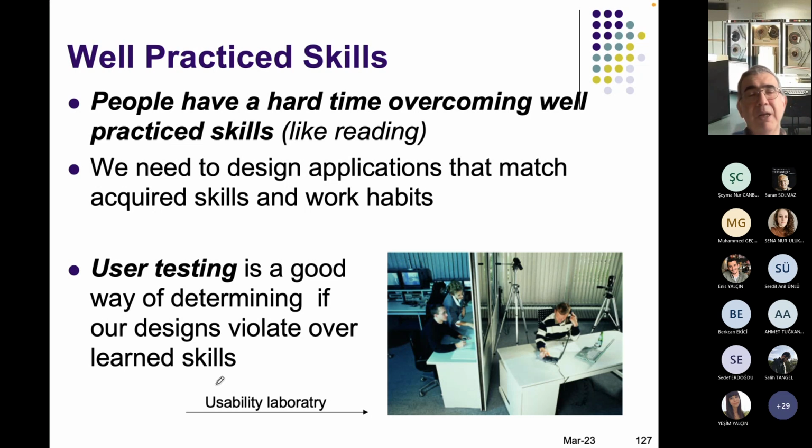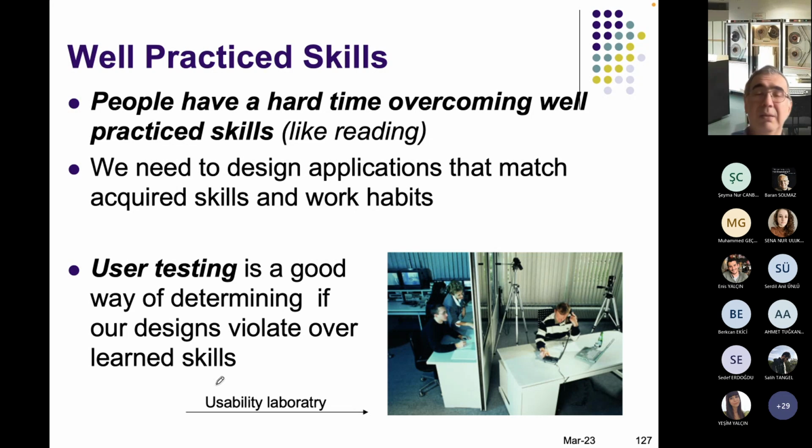How do we understand it? How do we detect what skills are available? What are the good designs and bad designs? And the answer is in user testing. So user testing is a way of determining whether our designs violate our learned skills. And here you see a sample usability laboratory. There is a recording equipment on the left. There are cameras on the right.